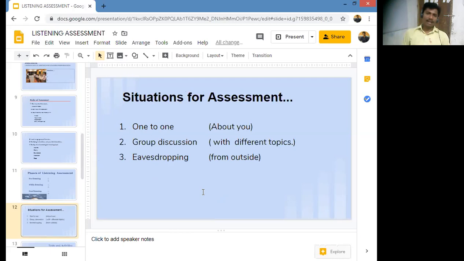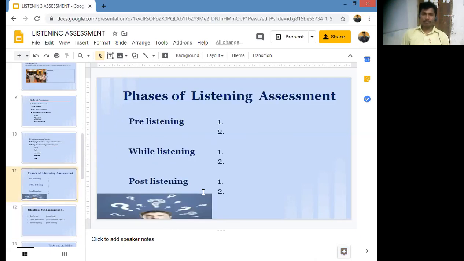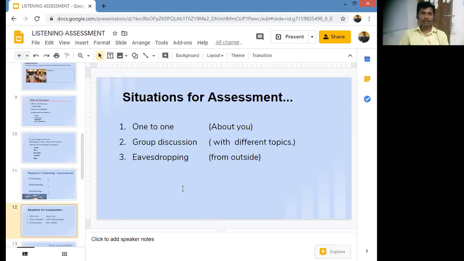My friends, as we discussed, we have to conduct our listening assessment with the help of these three phases: pre-listening session, while-listening, and post-listening. While conducting those three phases, we can consider the situations for the assessment.